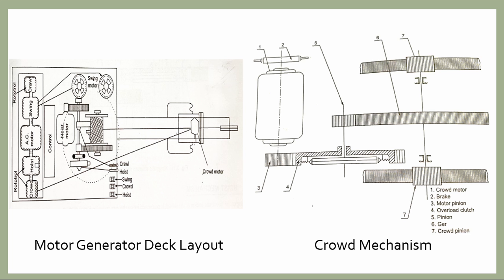A control panel is placed just before the motor generator set. The hoist mechanism and the hoist motors are placed before the control panel, extending up to the front of the machine floor.